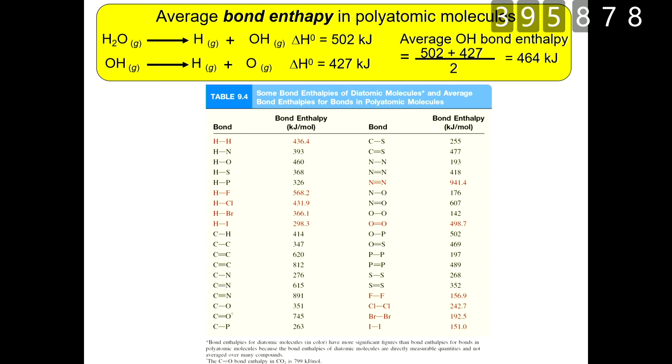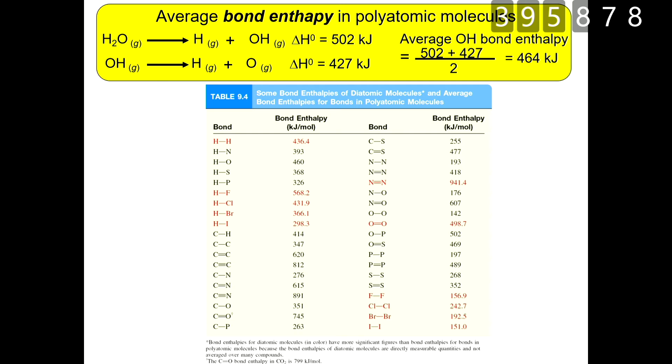Because going down the group, the bond enthalpy decreases. The enthalpy means the energy, and energy also relates to stability. If it is stable, you need to provide more energy. This means HF is more stable than HI, because of the bond distance.